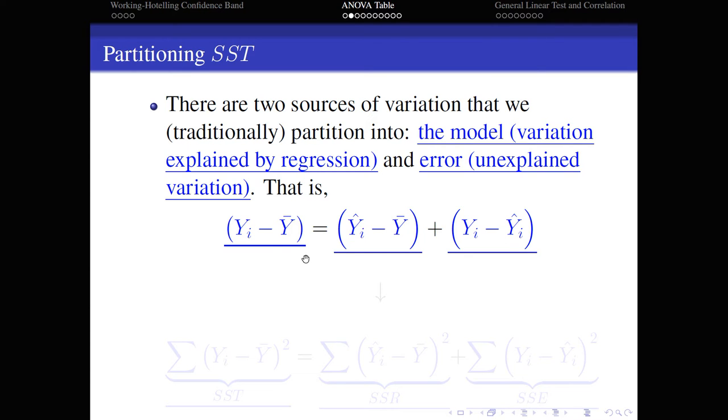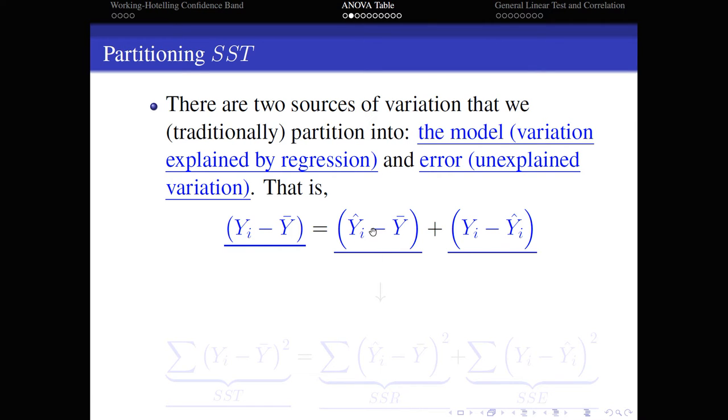When we add in the y hats, this explains the partition that we're looking at. The difference between y hat and y bar, this is the partition piece that has to do with regression, and the difference between y and y hat, if you remember, this was the definition of our error term as y minus y hat.